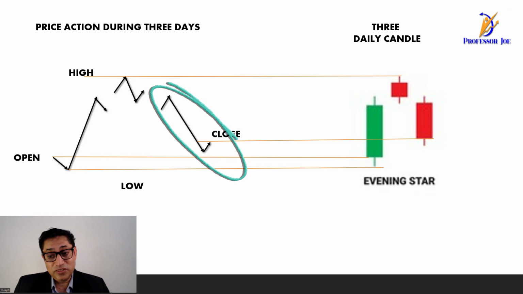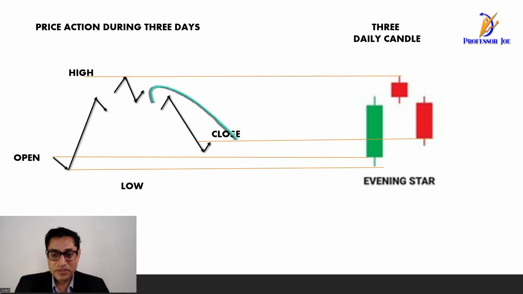The third day, the price opened even lower. So you can see it's red in color. The price opened, went a little bit up because there is a tail, then came down, created a low, and then went back up and closed for the day. The opening was above and the closing was low, so it's a red candle with a tail on both sides.